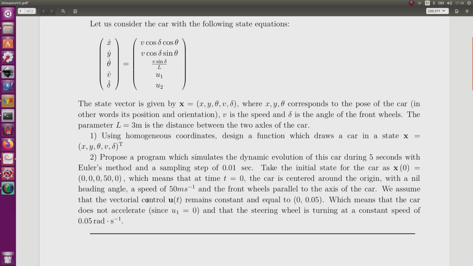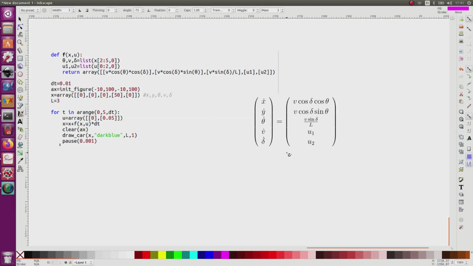Okay, so now I will ask you to turn the front wheel left with a speed equal to 0.05, and there is no acceleration. I take my evolution function, which is given here, f of x and u. I will apply an Euler method, which tells me that x at time t plus dt, where dt is small, taken here at 0.01, is x of t plus dt multiplied by f of x and u.